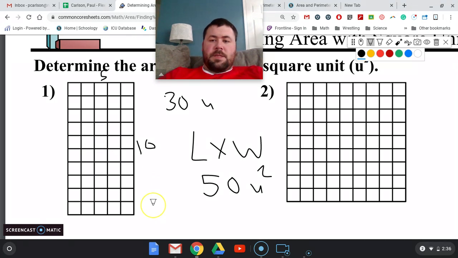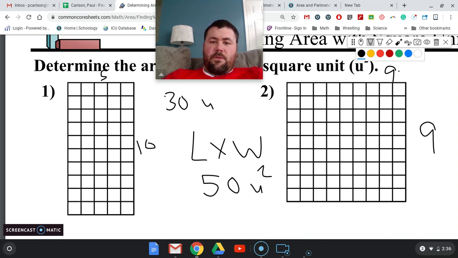Okay, so same for the right side here. If we wanted to go across the top, we can count 1, 2, 3, 4, 5, 6, 7, 8, 9. If we wanted to count down, it'd be 1, 2, 3, 4, 5, 6, 7, 8, 9.